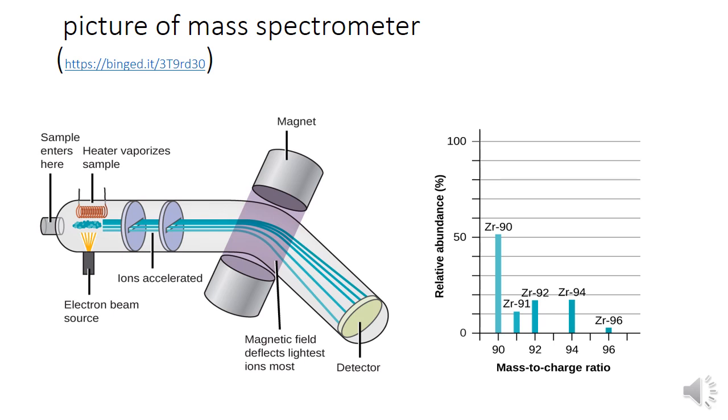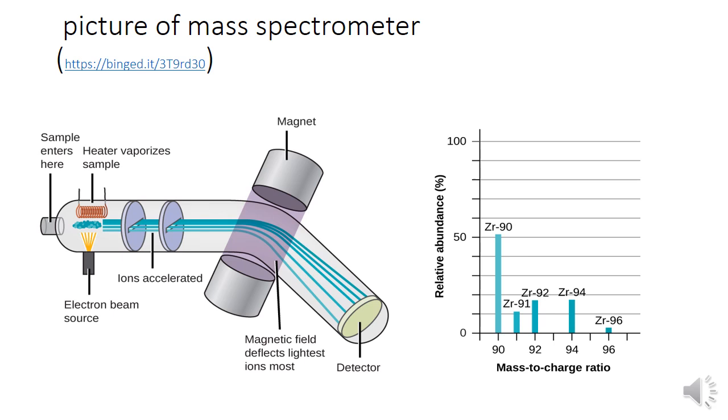Here we have a sample entering. We take a sample and enter it here. Then it moves to the heat evaporation chamber. We heat that sample, sorry. Then after, the electron beam source.